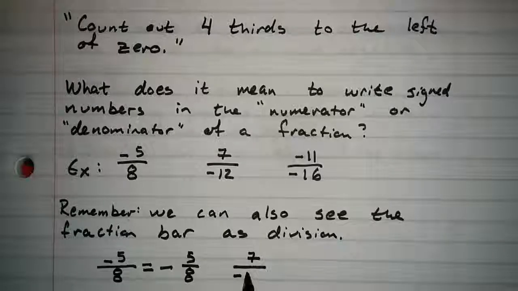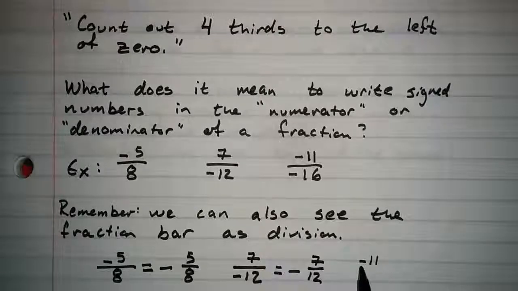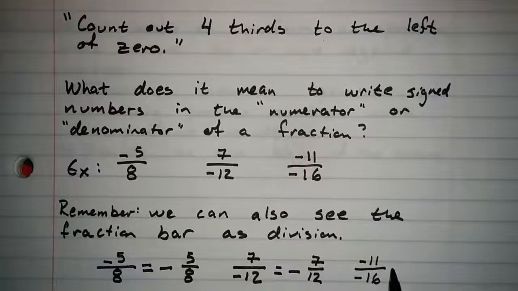Positive 7 divided by negative 12. Again, that should be a negative number, and the number it should be is negative 7/12. And finally, negative 11 divided by negative 16. That should be a positive number, and the positive number it should be is positive 11/16.